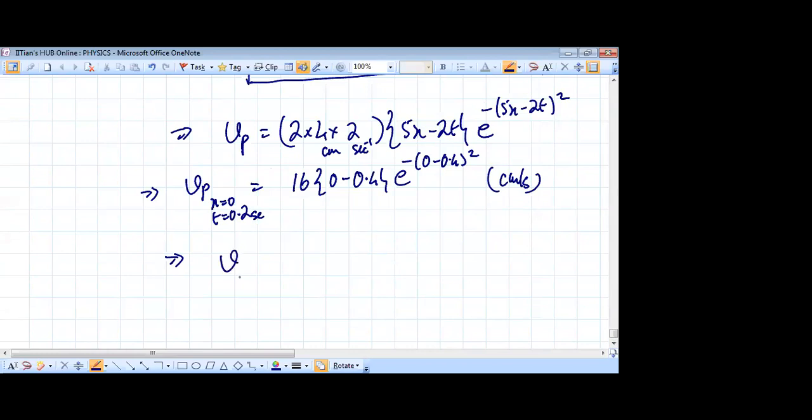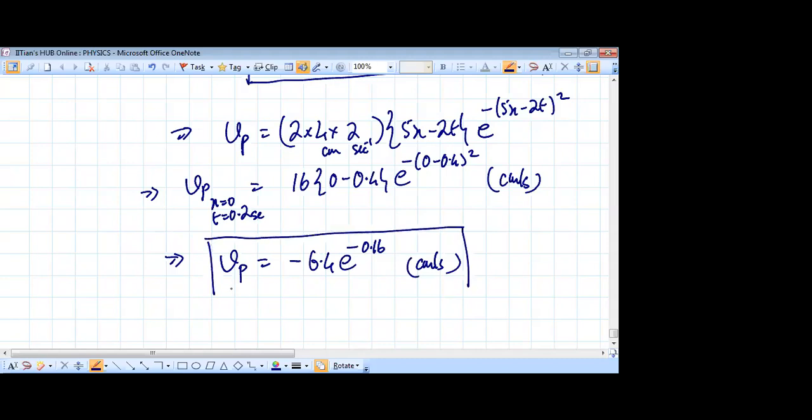So the particle velocity of that point will become minus 6.4 into e raised to the power minus 0.16 centimeters per second. And the minus sign is showing you that the particle at the origin will be coming down. I'll show you why that is the case. So this is the particle velocity at x equal to 0, t equal to 0.2 seconds.